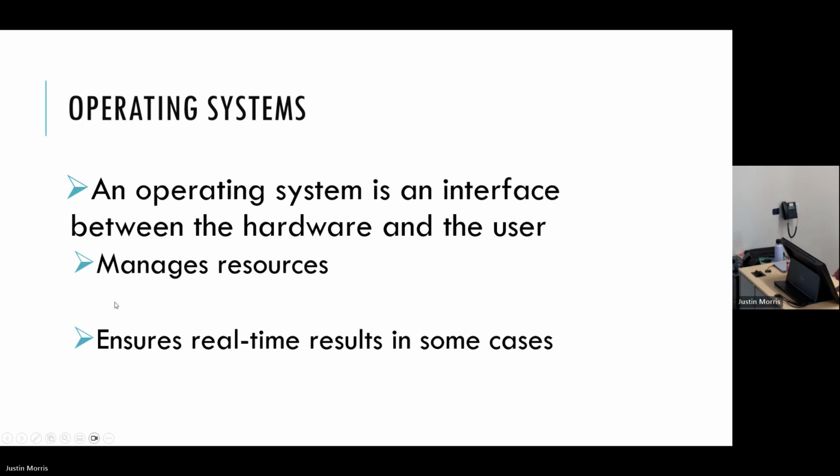The other thing is it's going to ensure real-time results in some cases. So going back to the Tesla, we want real-time results for the autopilot, yes? So the operating system on the Tesla gives priority to different tasks. So what do you think the priority is for the autopilot if it's running?